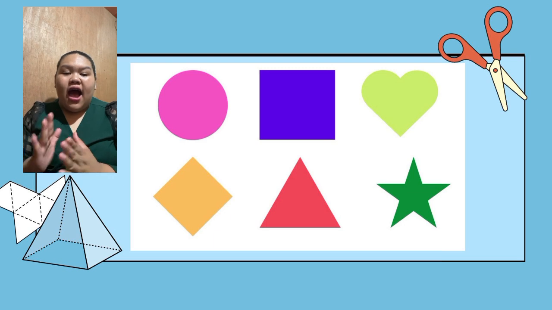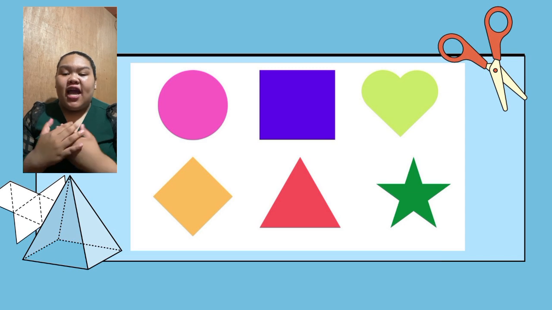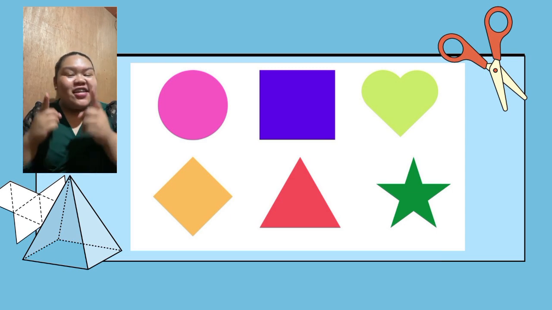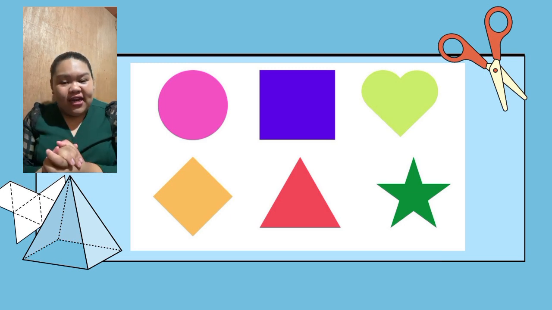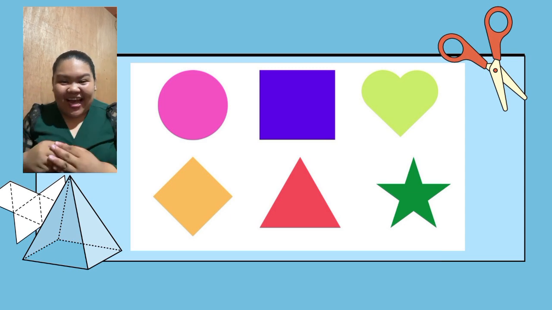So now, I have here some pictures or images. I want you to name this image. So the first one is, yes, it is correct. It is a circle. And the second one, yes, Karen. Yes, it is a square. And the third one, yes, Kian.